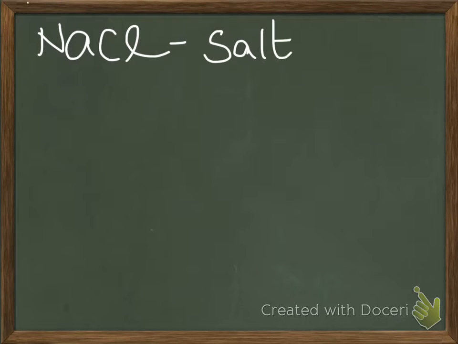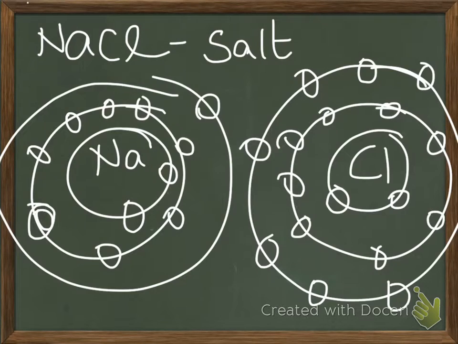Nothing but our salt, NaCl. Let's look at the ionic bond using electronic configuration. You can see the electronic configurations of both atoms, sodium and chlorine. Sodium's configuration is 2, 8, 1. Chlorine is 2, 8, 7.